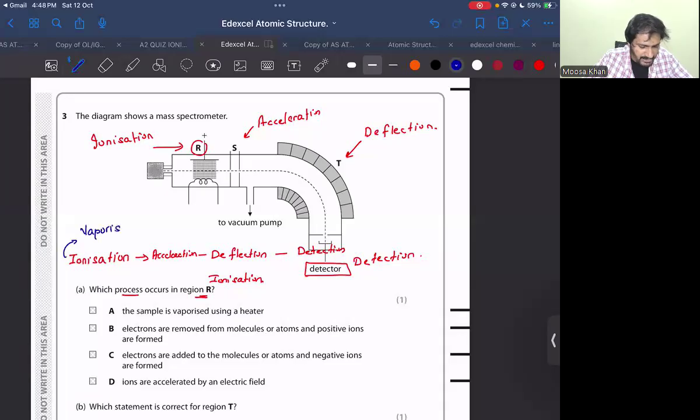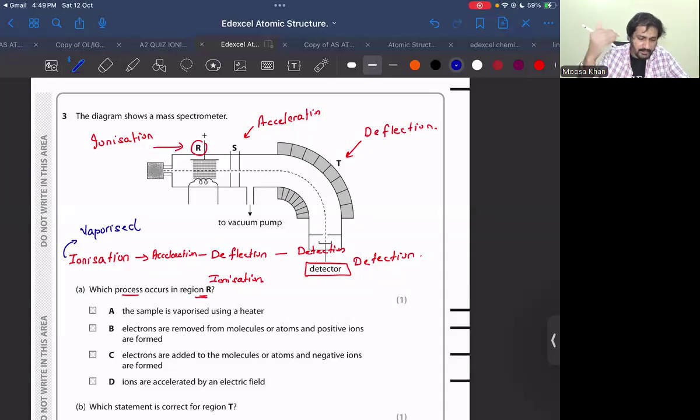If a sample is already in the gas form, just like we were doing for chlorine, chlorine is already gaseous, so we are not supposed to vaporize chlorine. But if you are entering a metal into the mass spectrometer and it is in the solid form, you have to heat it to convert that solid state of the metal into its gaseous state. That's what vaporization is, right? So first you have to vaporize everything, then you ionize, then acceleration is done, then deflection and detection.